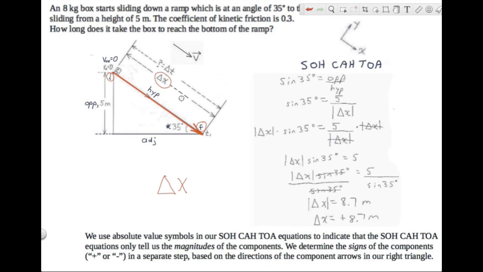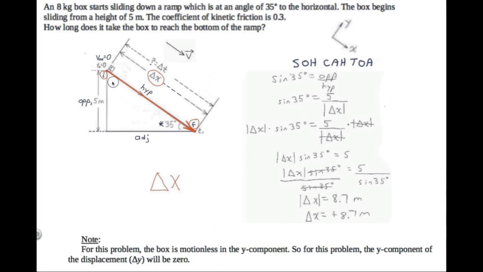So this arrow that I've highlighted in color represents the box's displacement between the initial point and the final point. Now we've chosen an x-axis that is parallel to the ramp. So this colored arrow also represents the x component of the displacement.